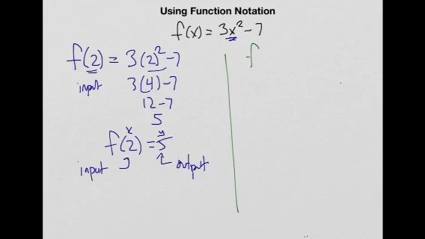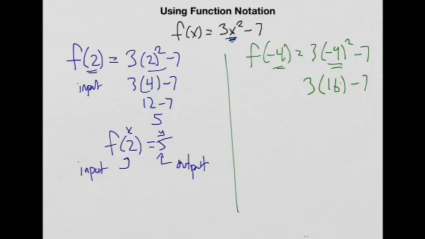If I say f of negative 4, I do the same thing. Here's my input, I plug it in for the x. 3 times negative 4 squared minus 7. Again, I square the negative first, so I get 16. I would double check that you're doing this correctly on your calculator.